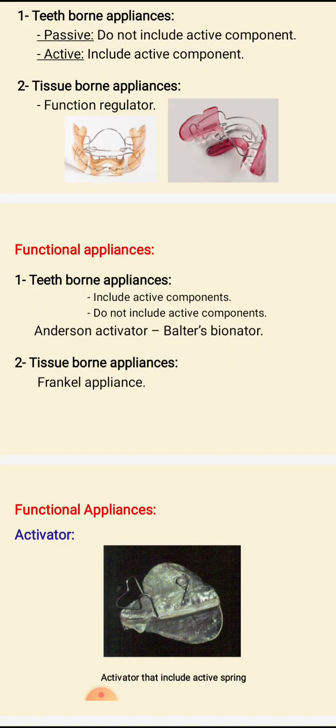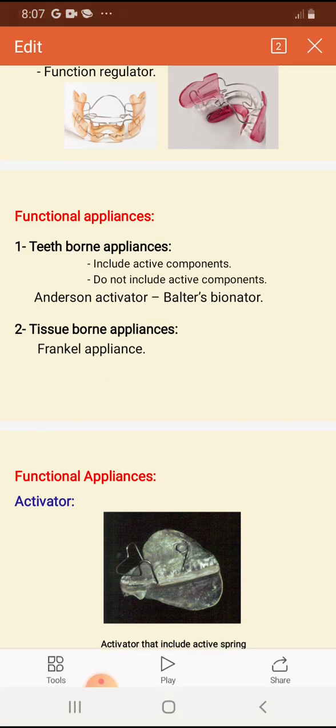So teeth-borne appliances could be active or passive. Tissue-borne appliances only include the Frankel appliance. Examples of teeth-borne appliances are the activator, the bionator, and the Herbst appliance, which is a fixed functional appliance.